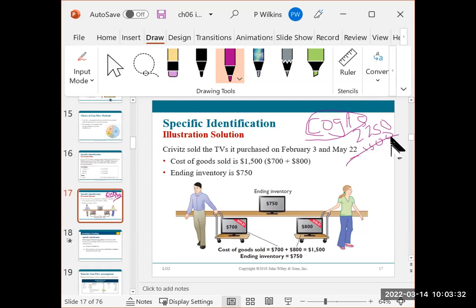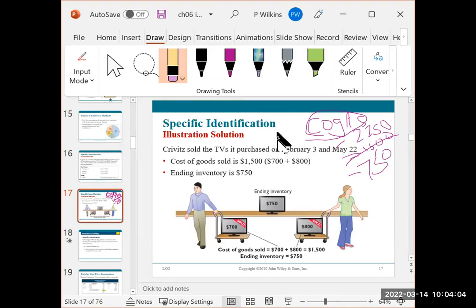That means you have $750 left, okay? You started with televisions worth $2,250. You sold $1,500 worth, so you have $750 left. The cost of goods available for sale is all the inventory. The cost of goods sold is what you sold. 750 is the ending inventory, okay?